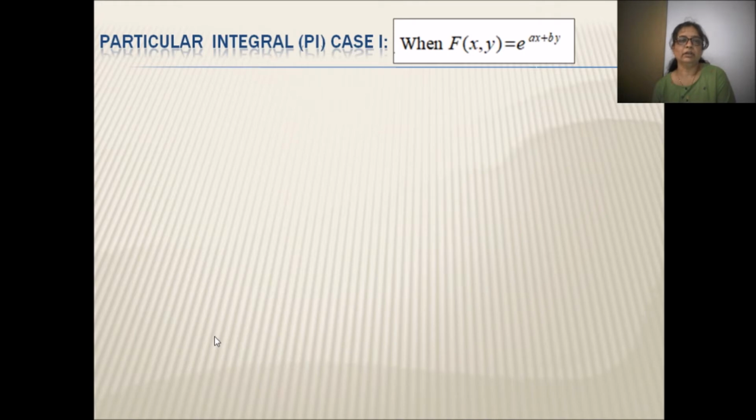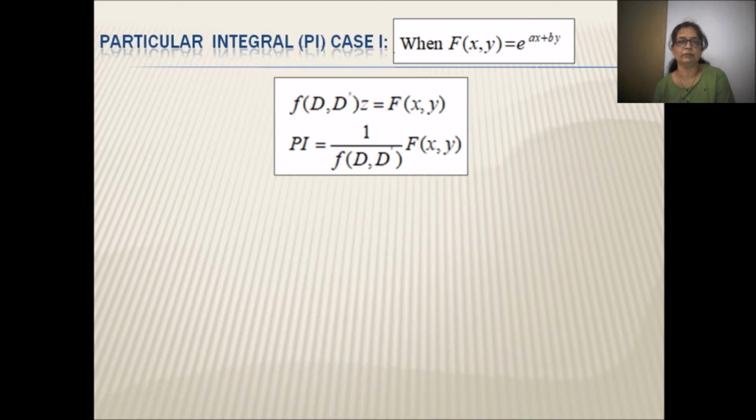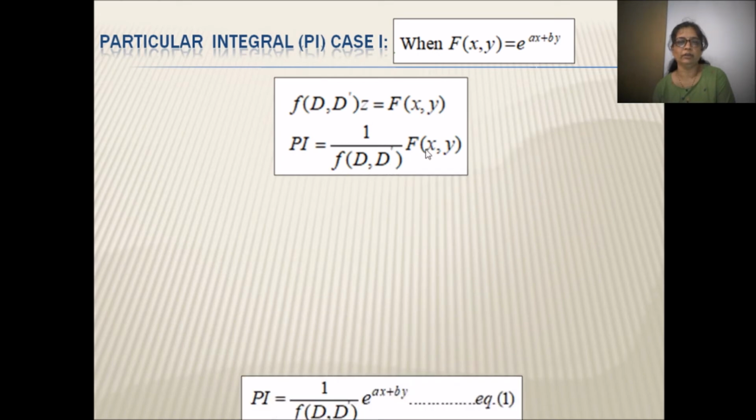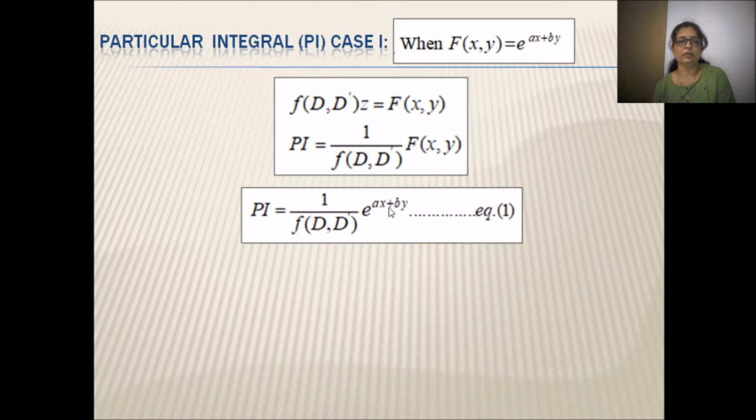Particular integral, case 1. When the right hand side of the equation, capital F of x, y, equal to e to the power ax plus by, then PI equal to 1 upon function of D, D dash times F of x, y. Substitute here F of x, y, that means e to the power ax plus by, and then substitute D equal to a and D dash equal to b.